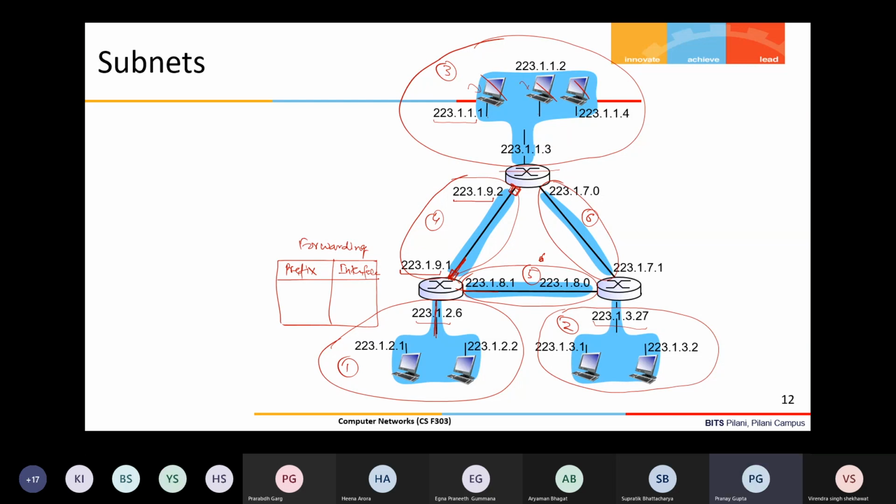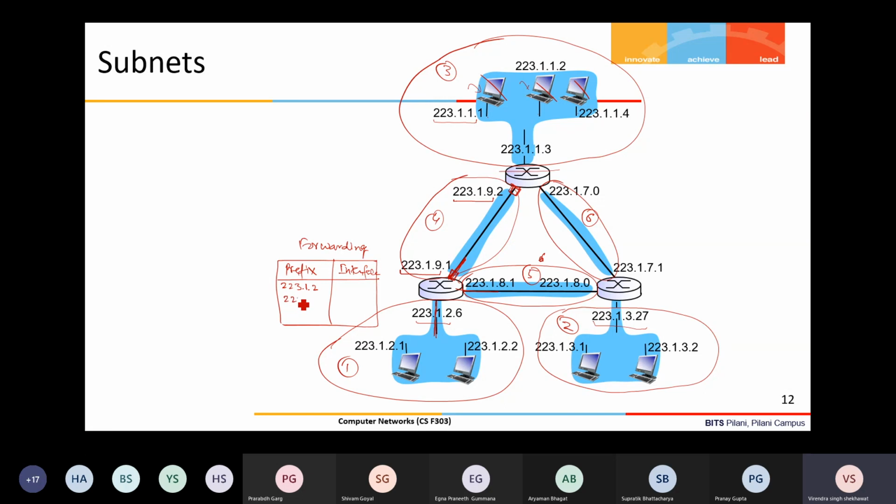24 bits. No, no, 24. How many prefix entries? Number of entries I'm asking. Sir, 3. 3 will be sufficient. So you are saying one is, which I'm writing not in binary, 223.1.2, right?